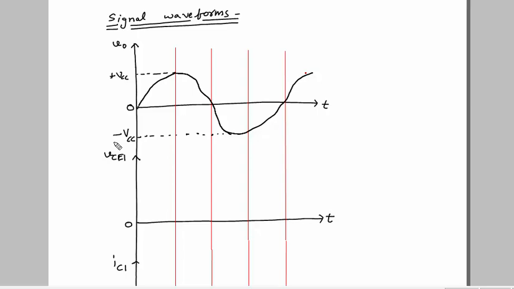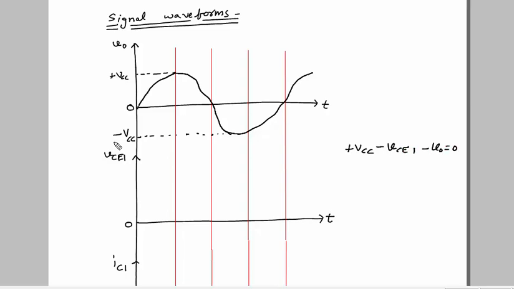Now if you want to draw the waveform for VCE1, if we use KVL, we can easily write plus VCC minus VCE1 minus V naught equals 0. So this equation we wrote from the KVL.